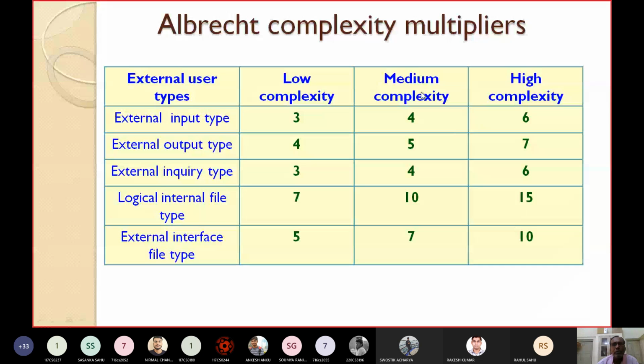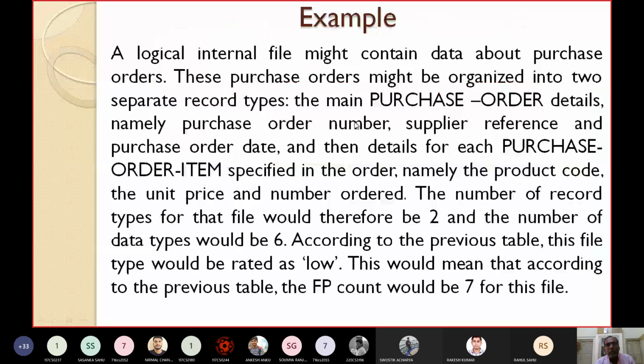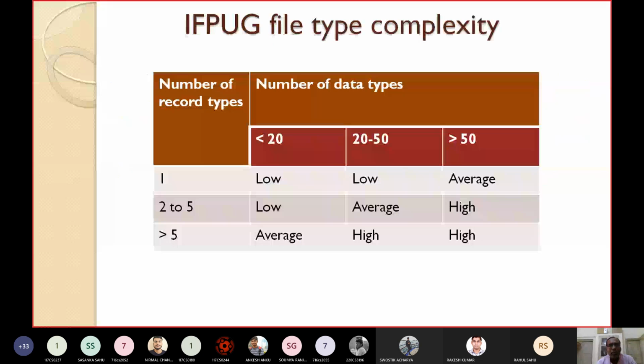Now, let us quickly take one small example. But before going to that example, let's see how to compute the function points. If you are given these components and these complexities, then what you have to do?